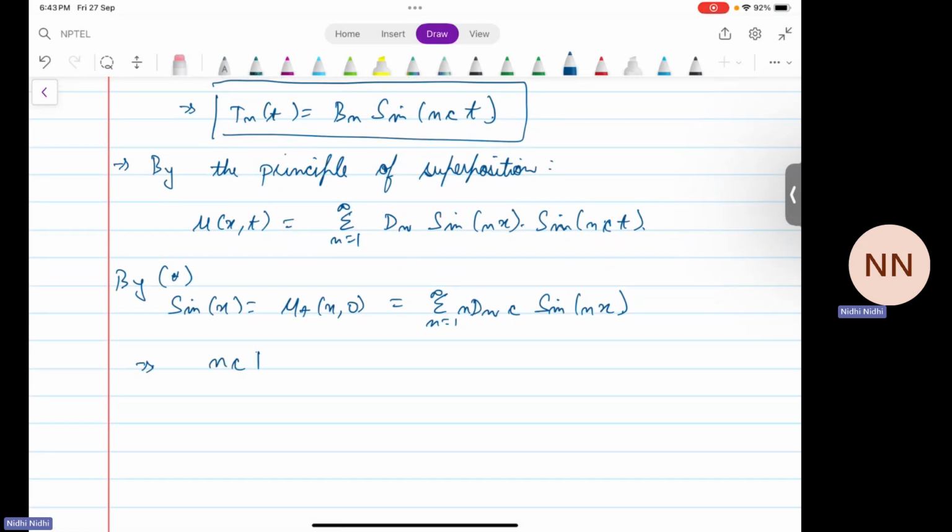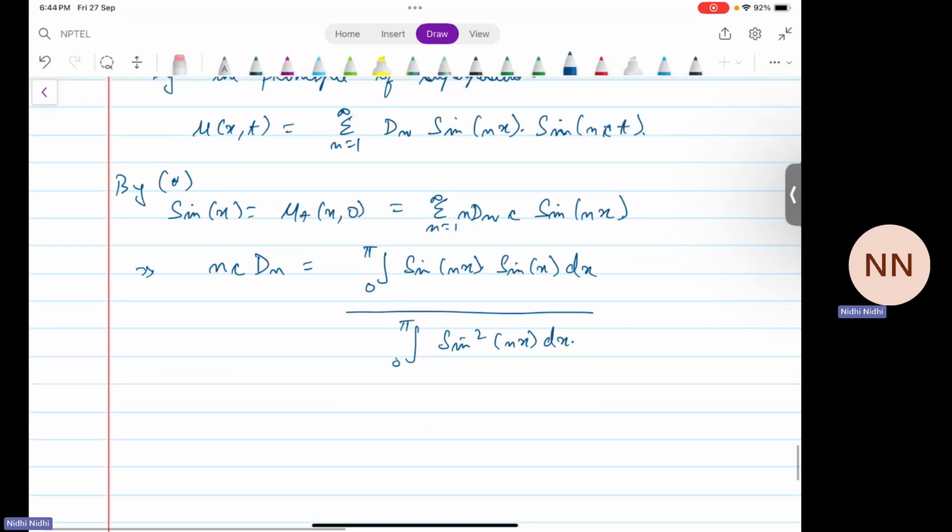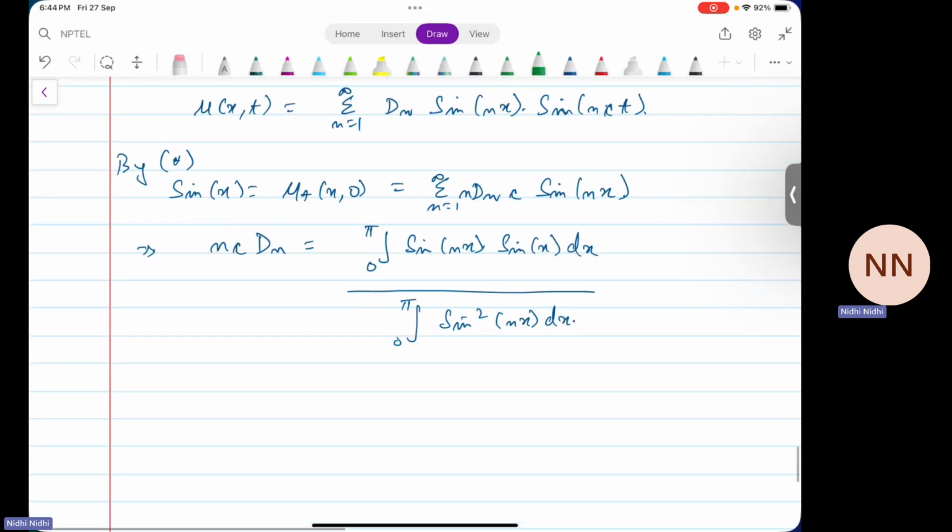Now we know how to find these coefficients dn. n c dn is nothing but the integration 0 to pi sine nx sine x dx by the integration 0 to pi sine square nx dx. We all know that this denominator is pi by 2.